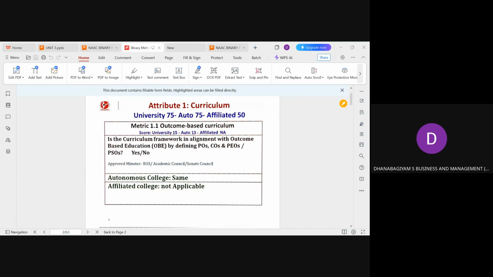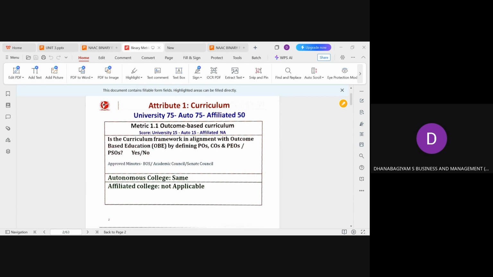For example, with BCom or BBA, most of the students, once they complete their degree, their ambition will be either to have a startup, or to take care of the family-owned business, or to be in some of the industries or an MNC, or even to be placed in the service industry.